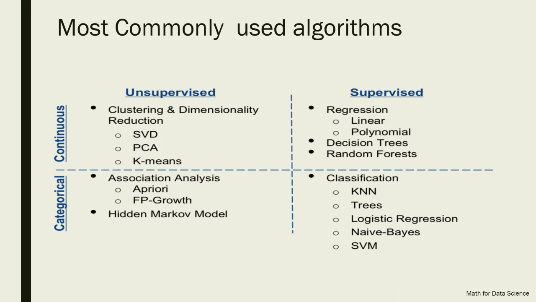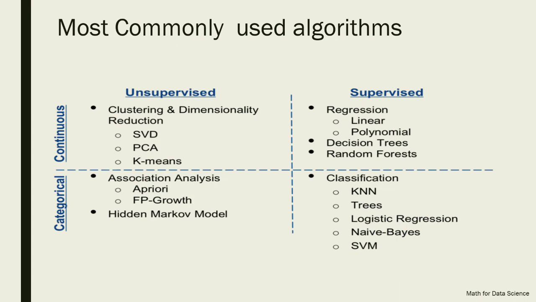Now, what are the various algos that are there? I have differentiated on the basis of unsupervised continuous, supervised continuous, unsupervised categorical, supervised categorical. The different algos are clustering and dimensionality reduction, SVD, PCA, that is principal component analysis, and K-means. The supervised continuous ones are linear regression, polynomial regression, decision trees, random forest.